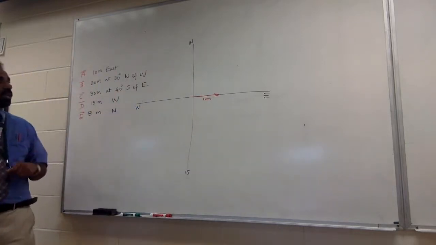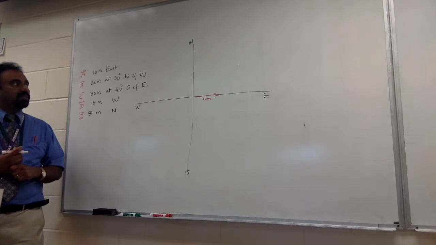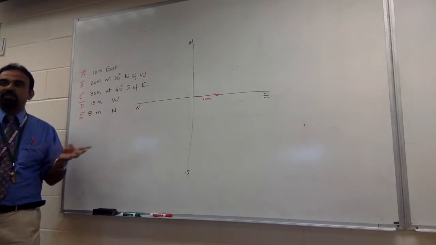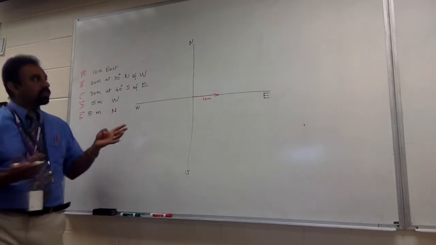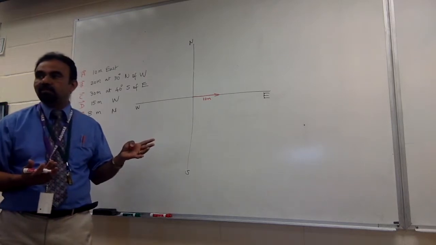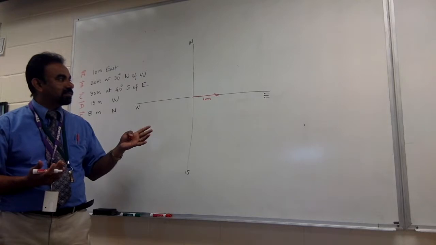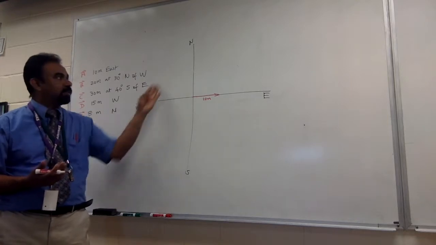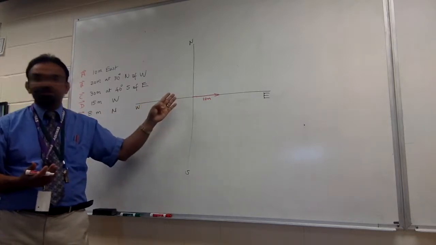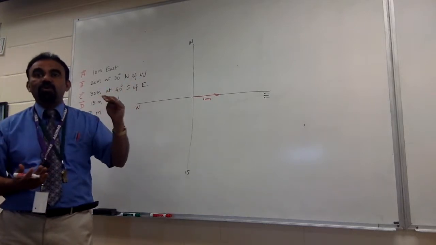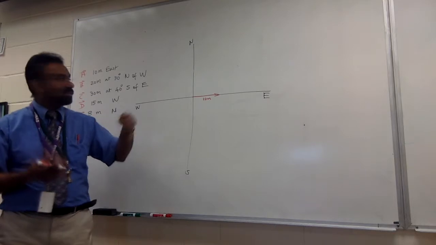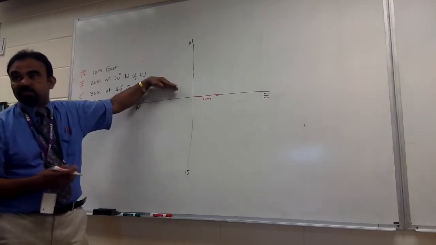Where's the next one? 20 meters at 30 degrees north of west. Where is it? Where is north of west? Of course, it should be between these two. So where is the 30 degrees? North of west. North from west. So it's from here. You get it?